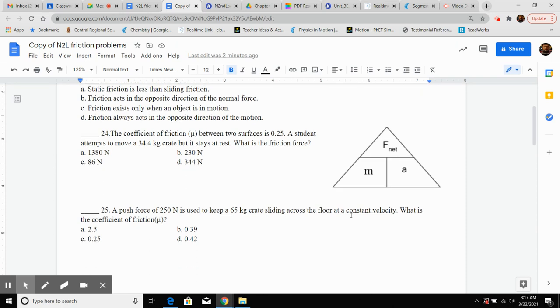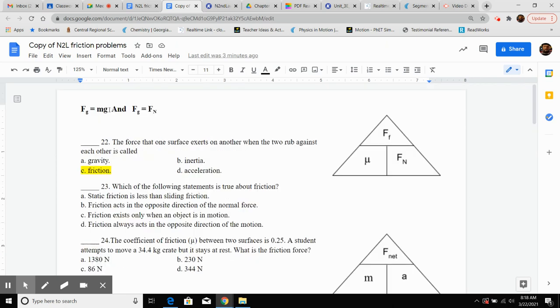You can use that. What does constant velocity mean, guys? Good. The net force is 0. So that means, hey, I have a push force of 250. What would my friction force need to be? I don't even need to do math for that. 250. So with that involved and mass times gravity gives me weight, and weight and normal force are equal, I would then have friction force and normal force to find mu.